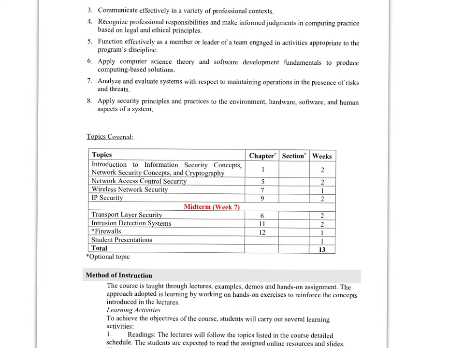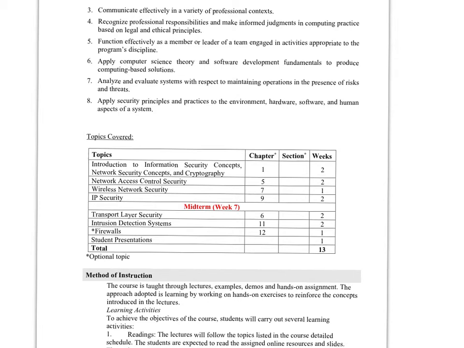As a system analyst or a system designer, where should you position the different security services in this system to make sure that all the parts of this system are secure from any kind of intrusion? So this is system level security, and in order to cover this, of course, we need to cover all the security services in every single layer before we can talk about this. Sequentially, layer by layer.